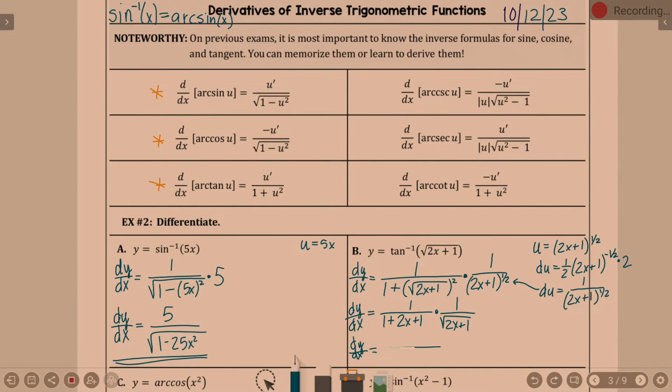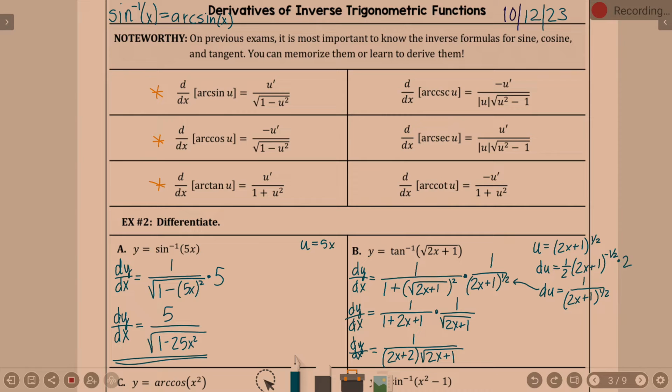I'm going to make it one big fraction: 1 over (2x plus 2) in parentheses times the square root of 2x plus 1. And why did I put my 2x plus 2 in parentheses? Because it's that whole quantity times the square root. The only other option I have, 2x plus 2 has a GCF.